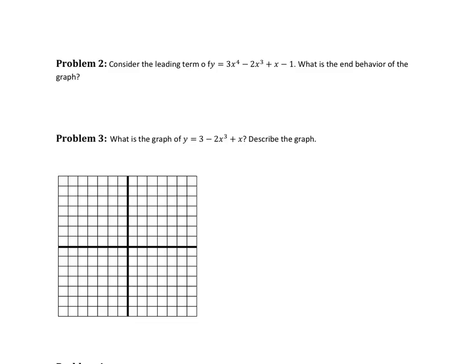All right, problem number 2. Consider the leading term of y equals 3x to the 4th minus 2x to the 3rd plus x minus 1. What is the end behavior of the graph? Okay, so we know that the highest exponent is 4, so it's degree 4. 4 is even, and a, our leading coefficient there, is 3. 3 is greater than 0, meaning obviously that it's positive.